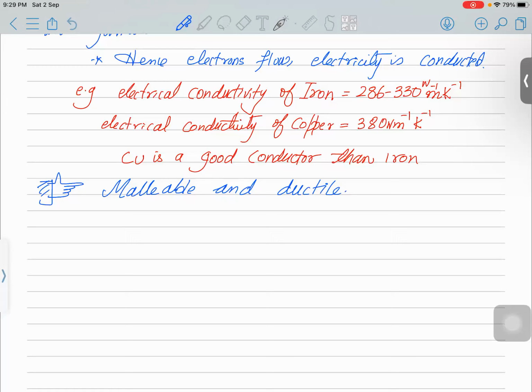Sir, malleable is a property of substances, like they can be made into sheets. Okay, and what is ductile? Ductile is another property, which means that it can be stretched into wires.